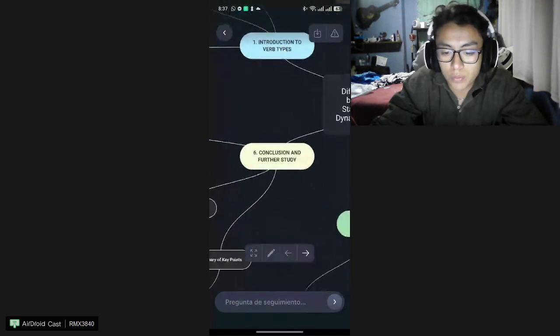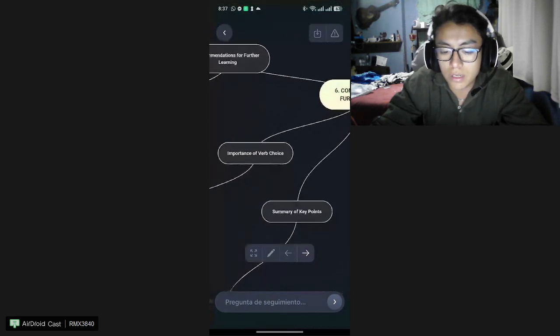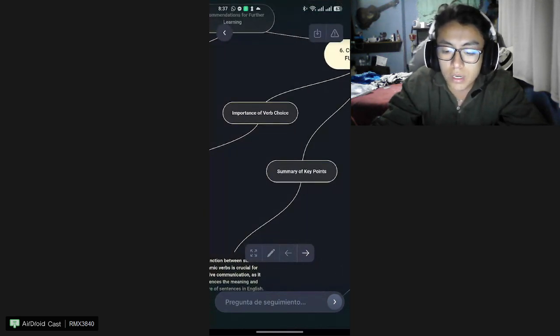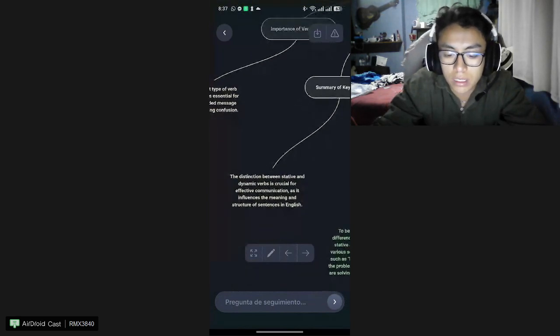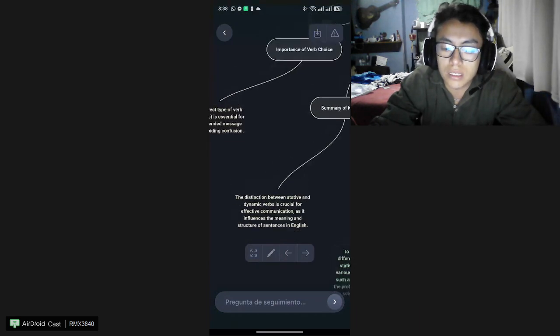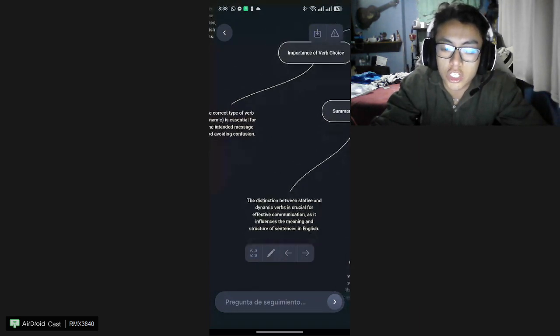The last part: conclusion and further study. Summary of key points: the distinction between stative and dynamic verbs is crucial for effective communication, as it influences the meaning and structure of sentences in English.